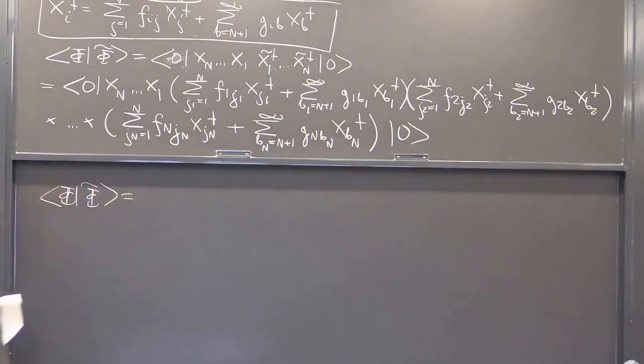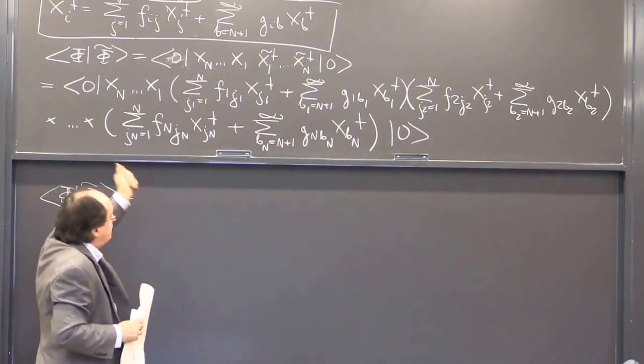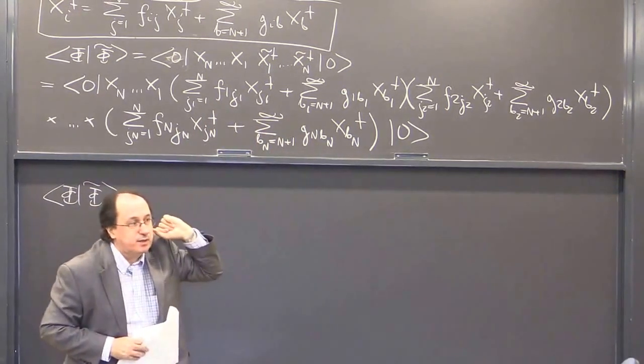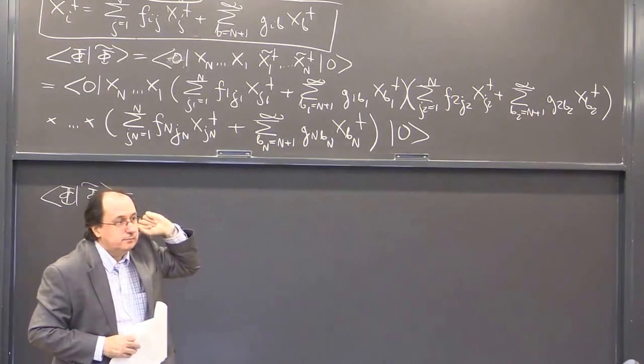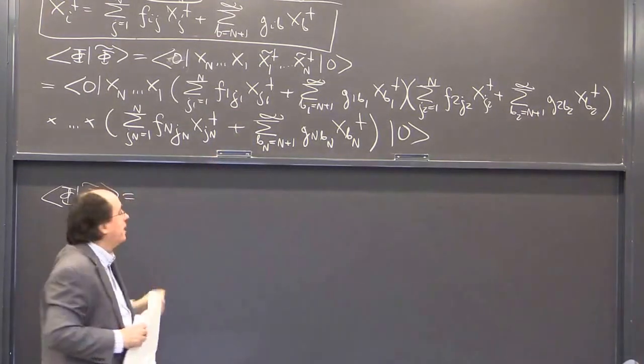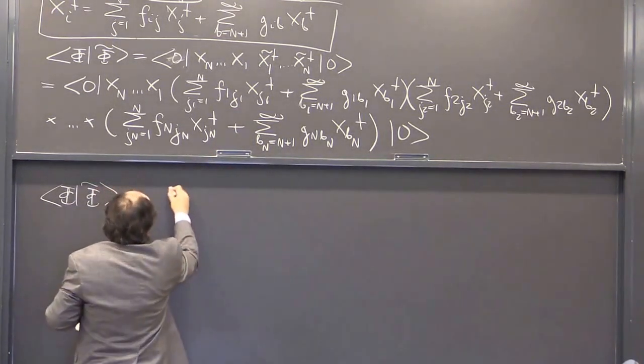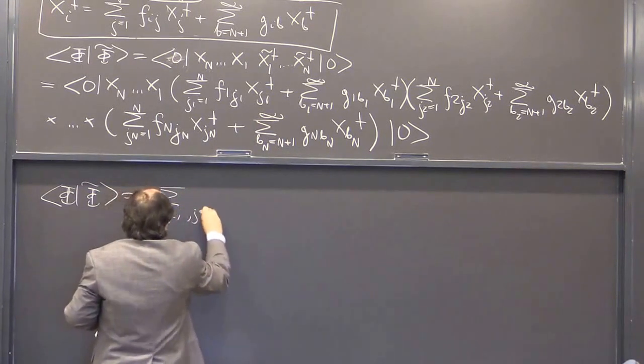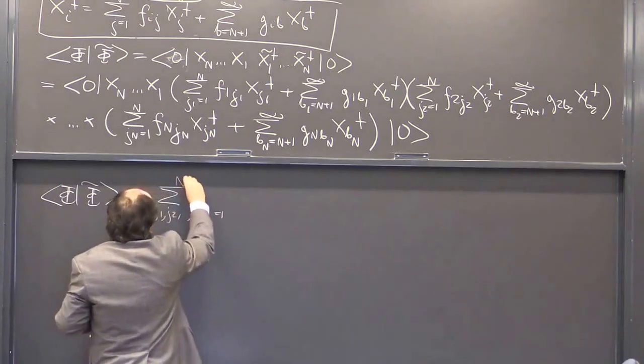So what is the overlap of phi and phi tilde then? The leading term will be a term obtained by picking up the f pieces from each of the bracket expressions. Is everything okay? Alright. So what we have is the summation over j1, j2 through jn, running from 1 to n.